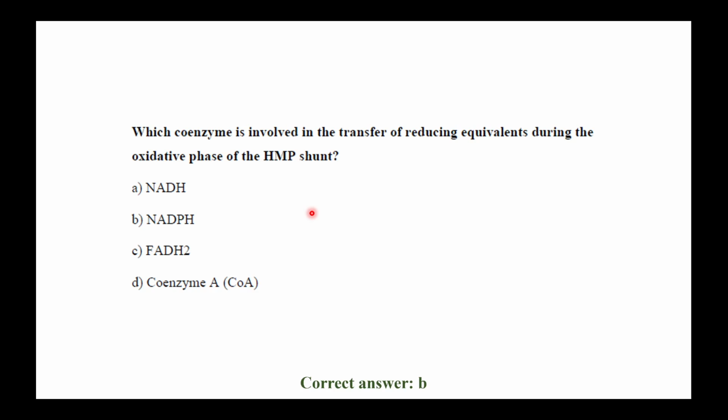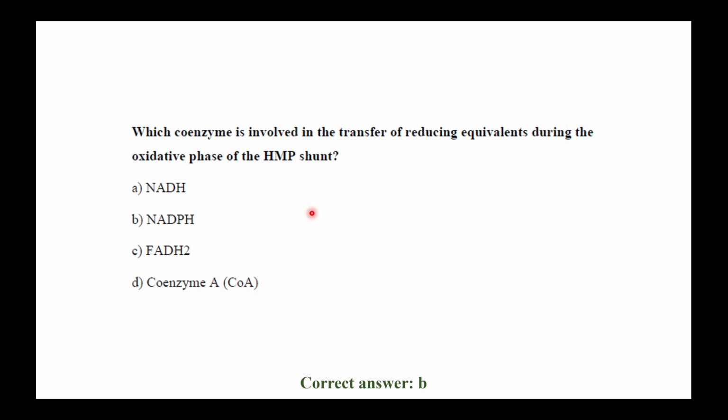Okay, so it's an alternative to glycolysis and TCA cycle, but only around 10% of glucose enters into this HMP shunt pathway. Most of the glucose is metabolized using glycolysis and TCA. HMP shunt pathway is the main source of NADPH in our body. Almost 95% of NADPH is produced by HMP shunt pathway.